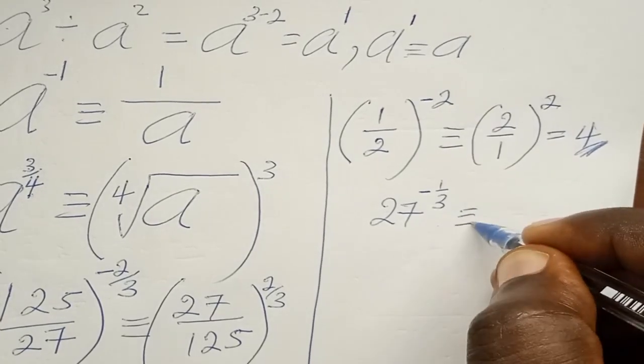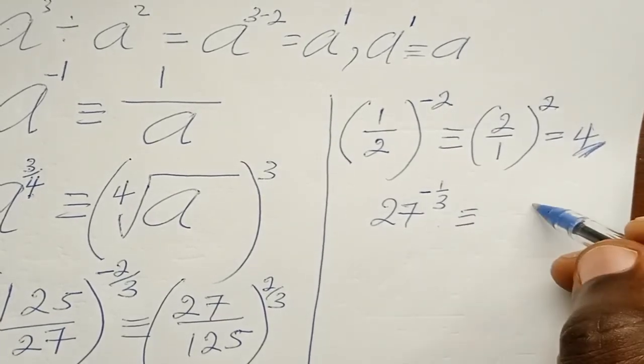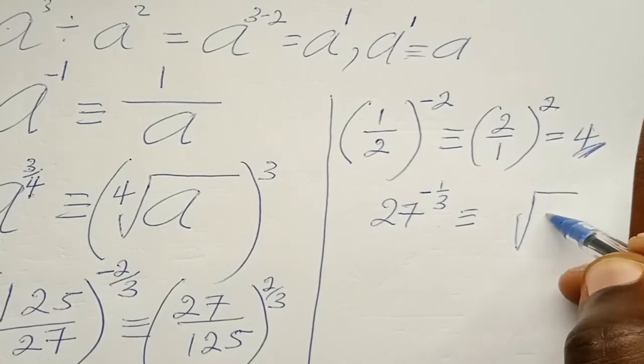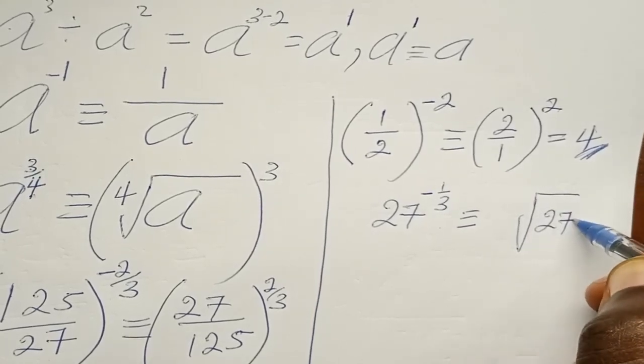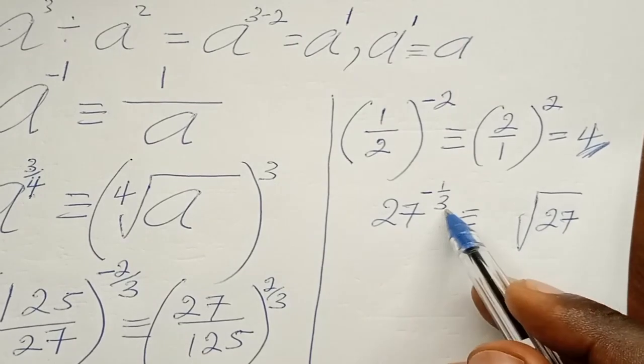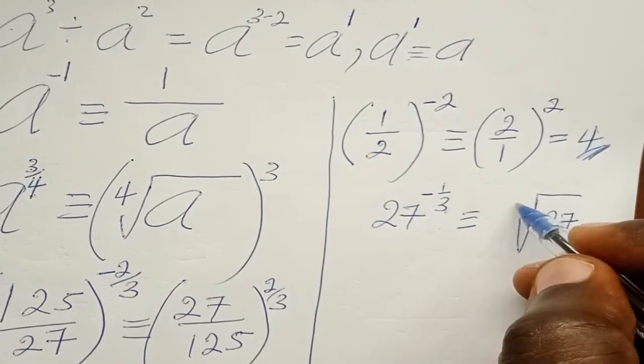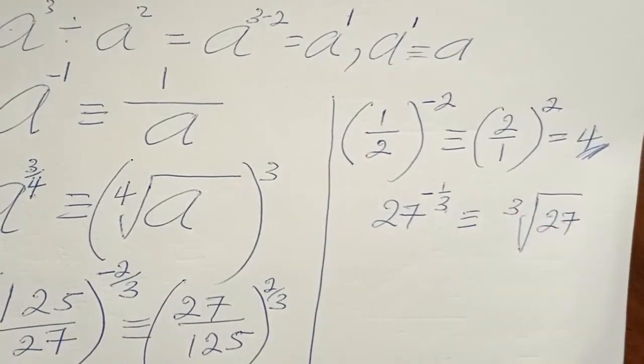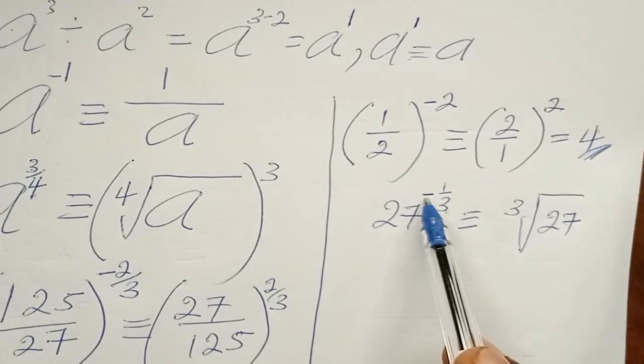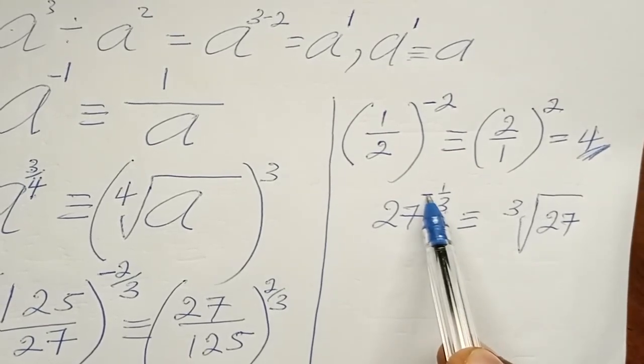In this case, it's going to be the same as the root of 27, that is the cube root, as you can see here. But now you're going to note that since it is a negative sign, we are going to use 2 rules here.